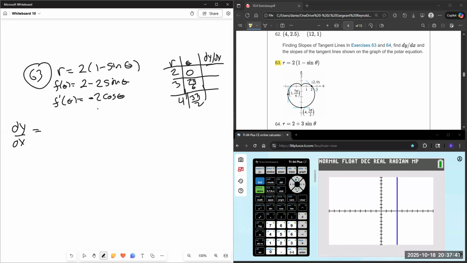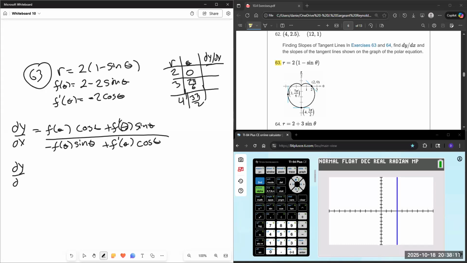And dy dx is equal to f of theta cosine of theta plus f prime of theta sine of theta, over negative f of theta sine of theta plus f prime of theta cosine of theta.